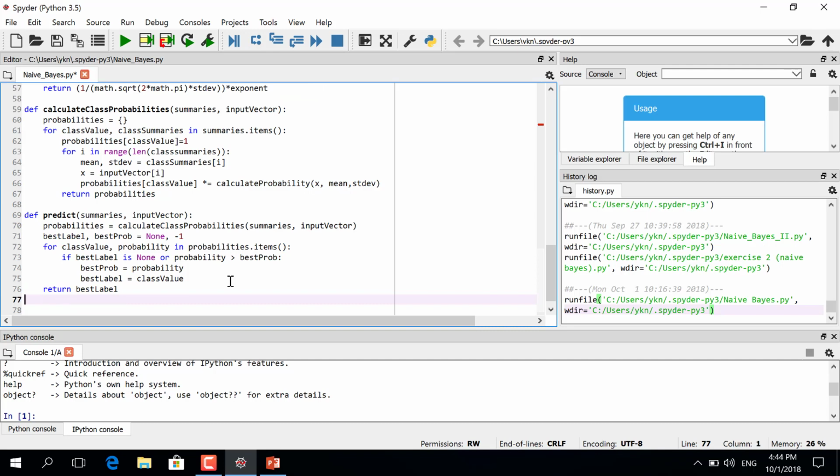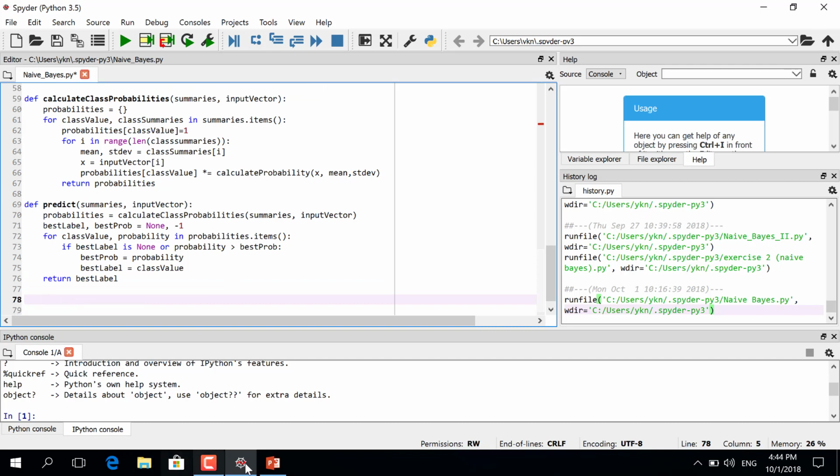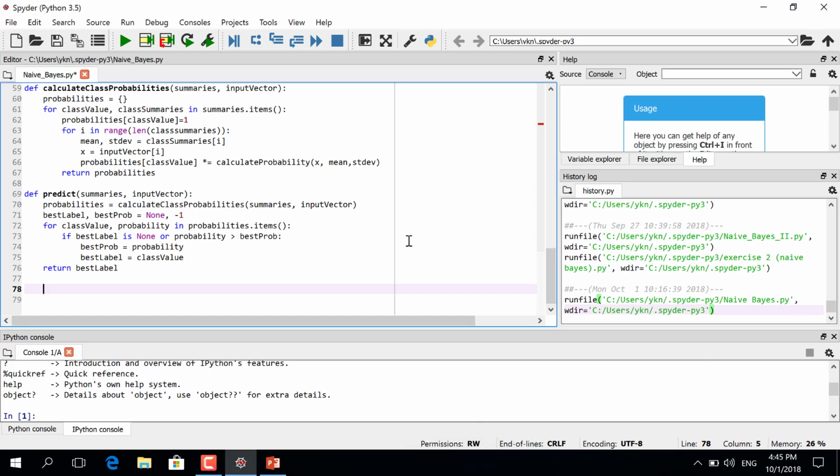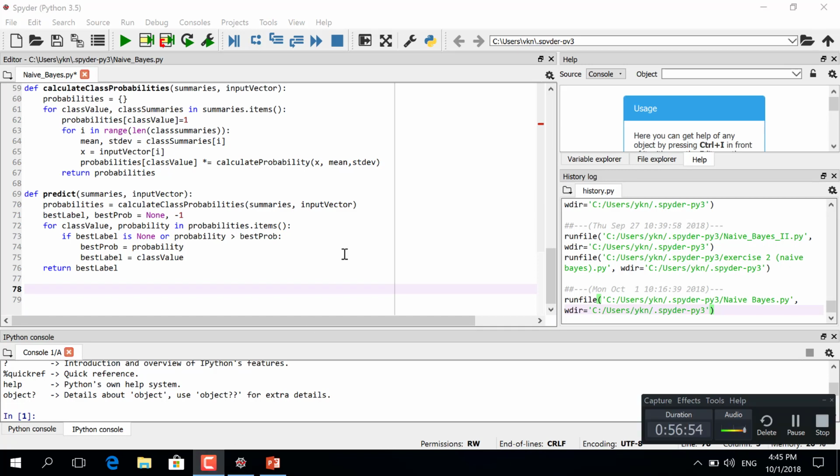Now after we got the value of the prediction, we need to extract it by defining another function, def get predictions. The variables are summaries and test set.